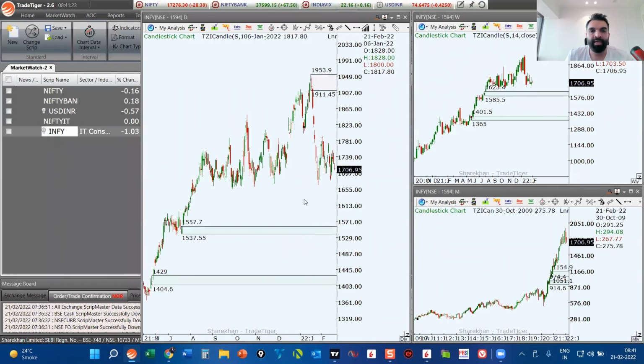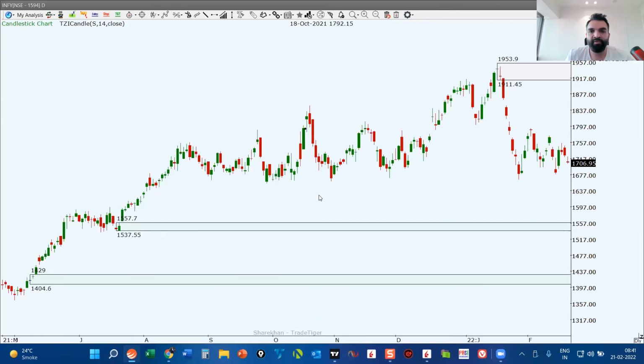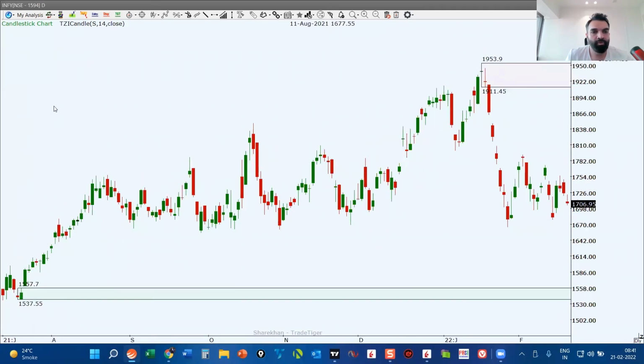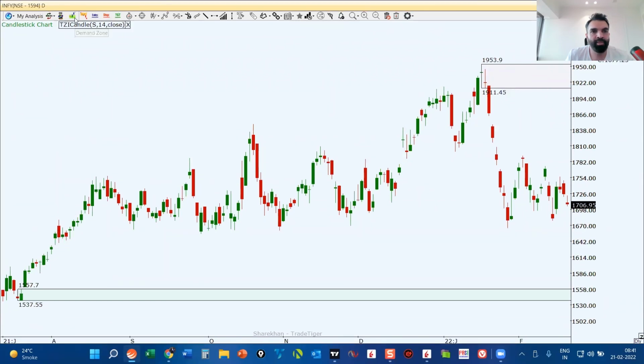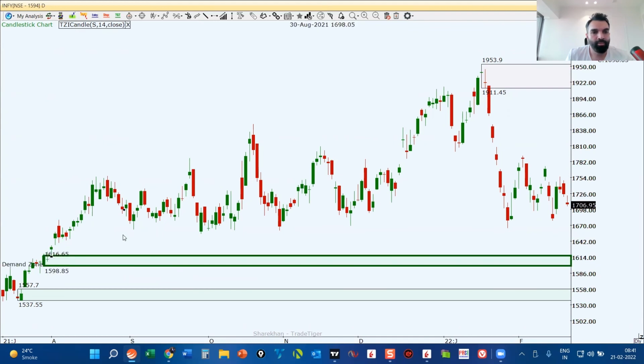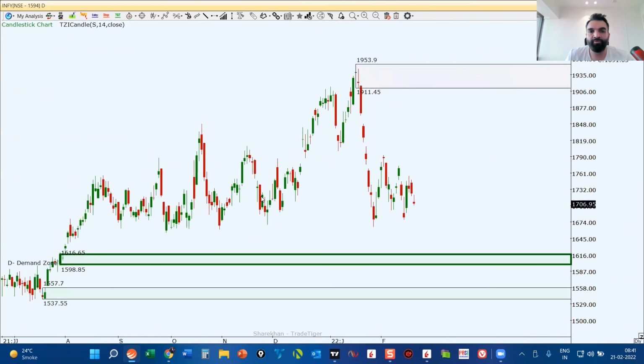And on the daily chart, there is a very subtle level, which is more or less this gap level over here, which you also need to keep a look at. So let's plot this level. We can do that manually as well. So this level around 1616 to 1598 is a level to watch out for.